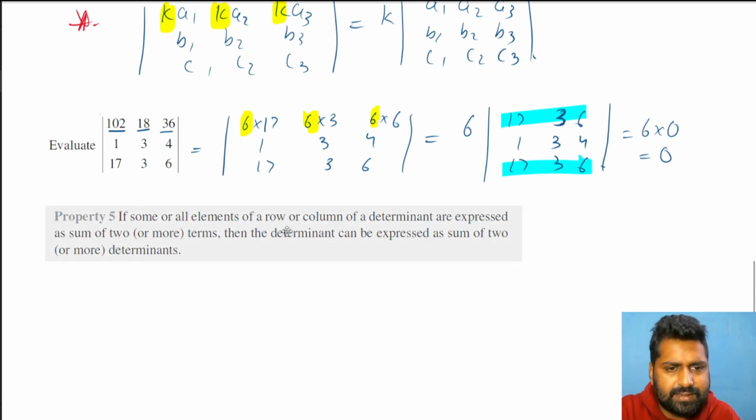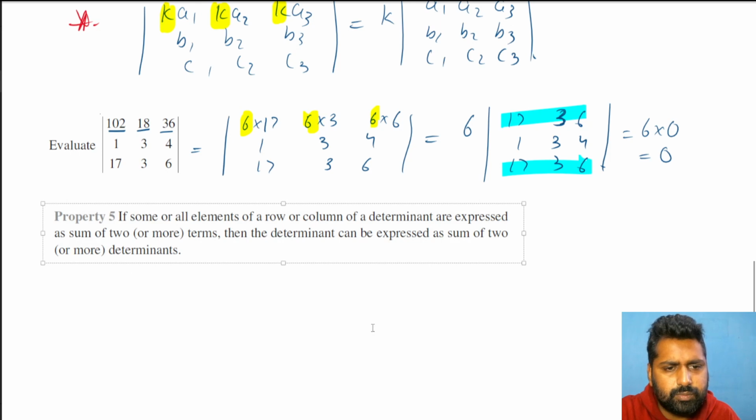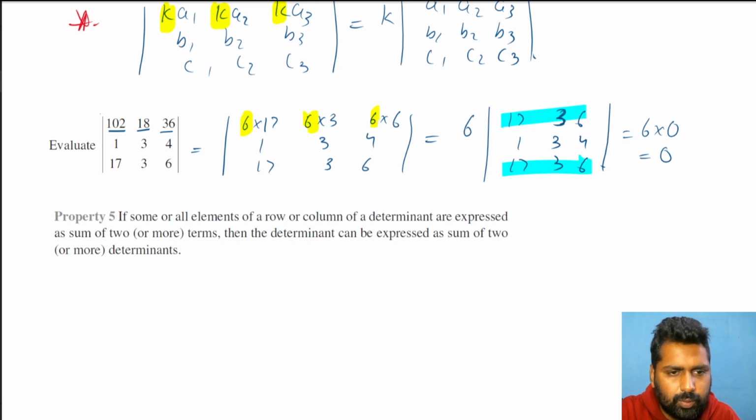This one says if some or all elements of a row or column are expressed as a sum of 2 or more terms, then the determinant can be expressed as a sum of 2 or more determinants. Let's see what that means. Language sometimes makes it typical. So let's see with the help of an example what it really means.